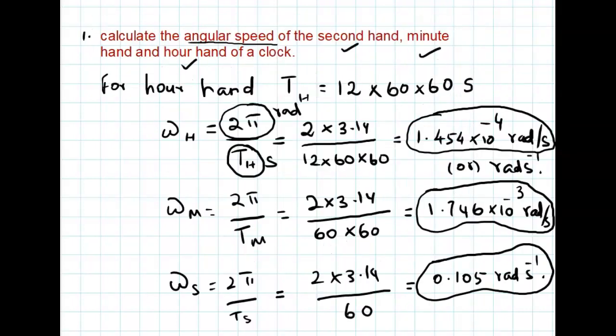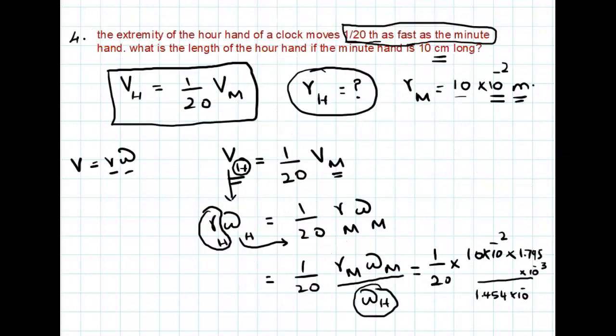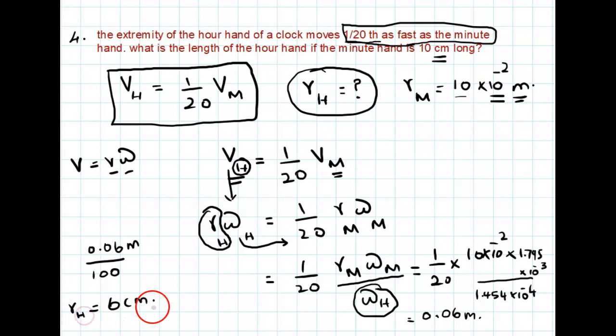I have to check, minus 4. So if we simplify, we get 0.06 meters. If I want to change into centimeter, multiply by 100, so it will be 6 centimeter, the radius or the length of the hour hand. So this is the answer.